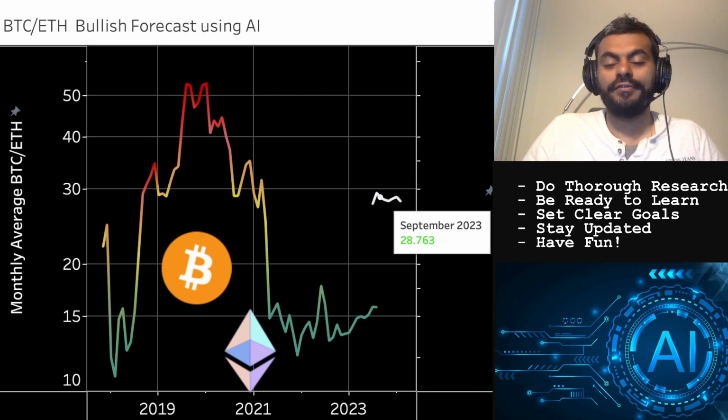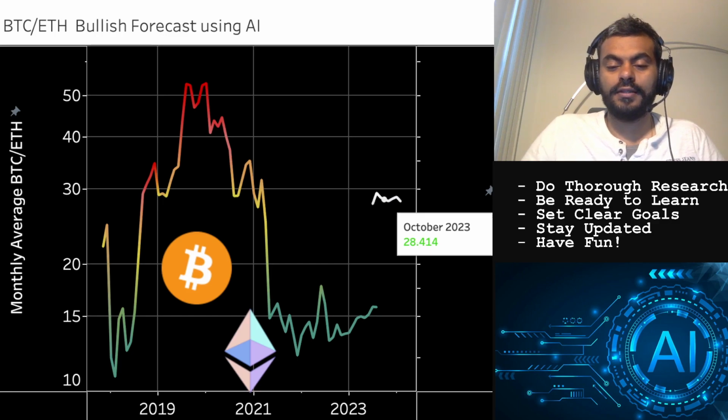28.76. That is, if at any time you see Bitcoin having that kind of rally against Ethereum, where you could get 28.75 ether per BTC, that is the point in September which the AI model has considered a theoretical ceiling. That means that is a good valuation in terms of Bitcoin and getting ETH against that Bitcoin per the AI model, not financial advice.